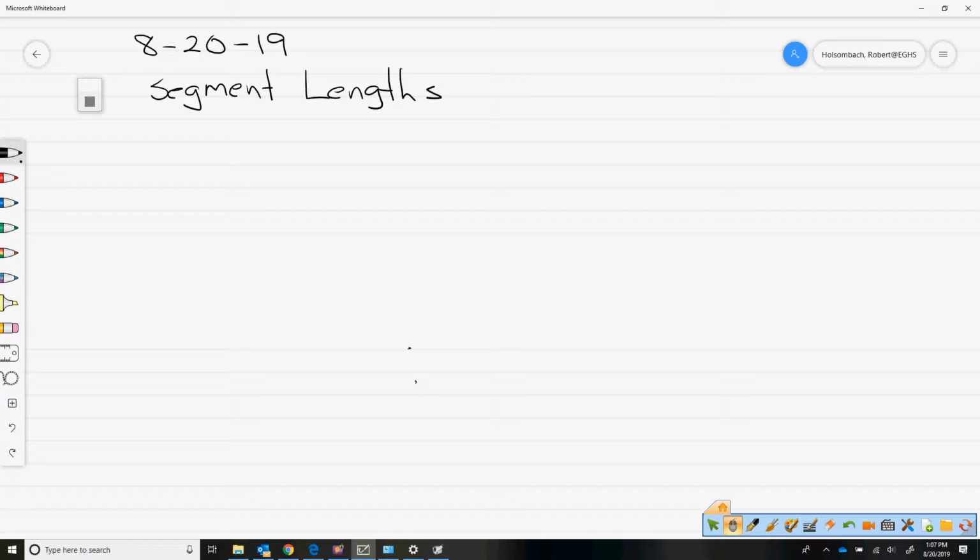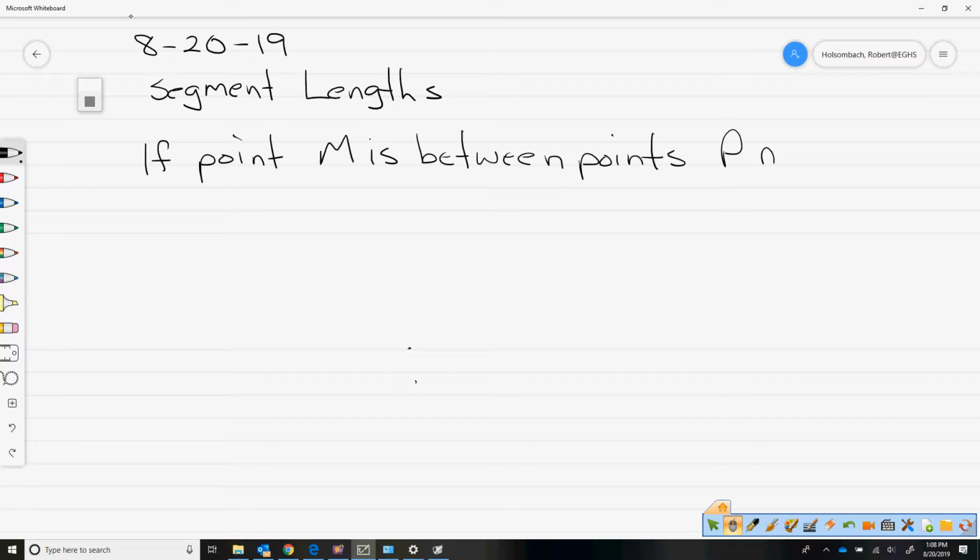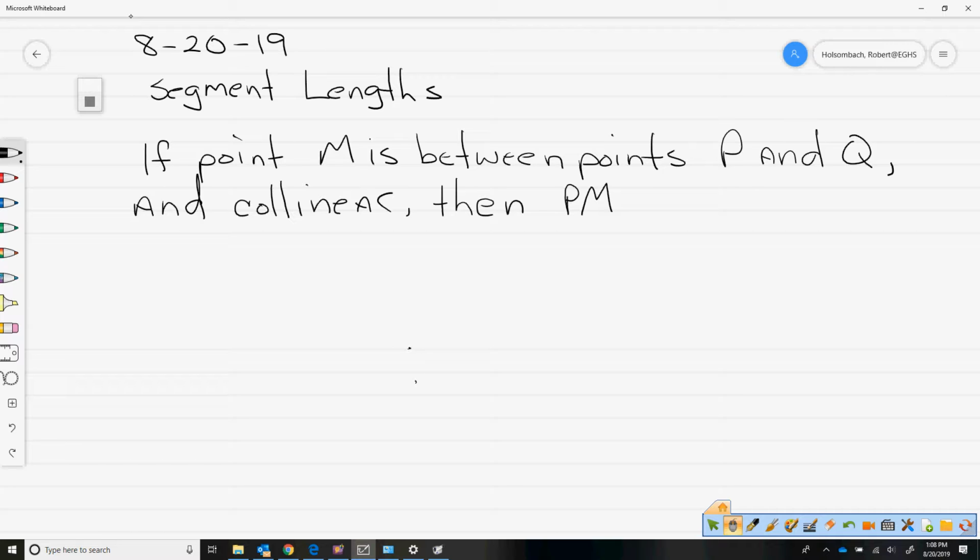Just keep taking notes. So what I want you to write in your notes today is that if point M is between points P and Q, and collinear, then PM plus MQ is going to be equal to PQ.